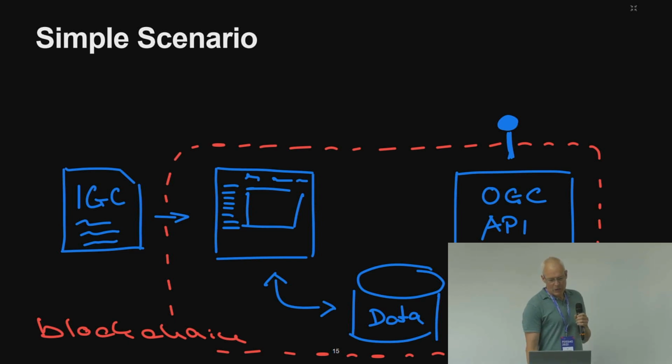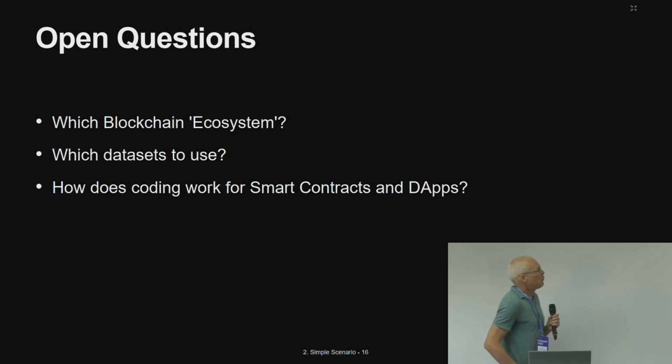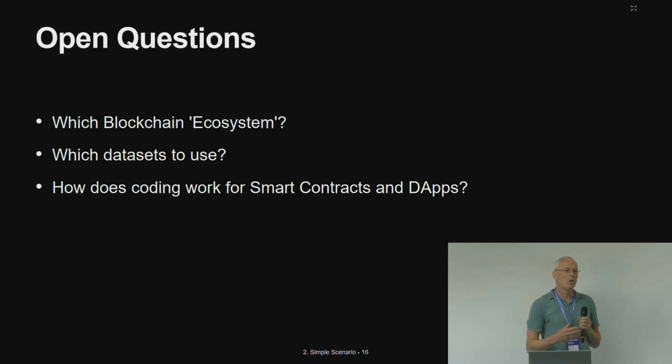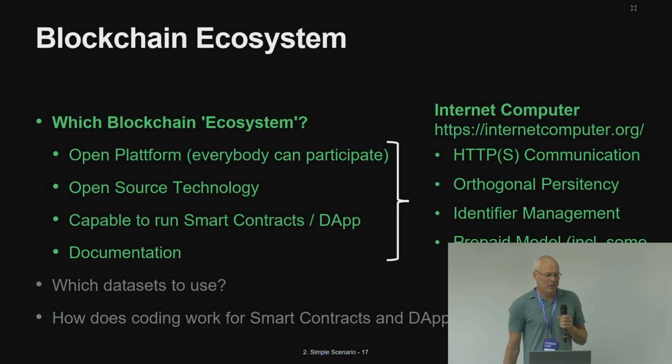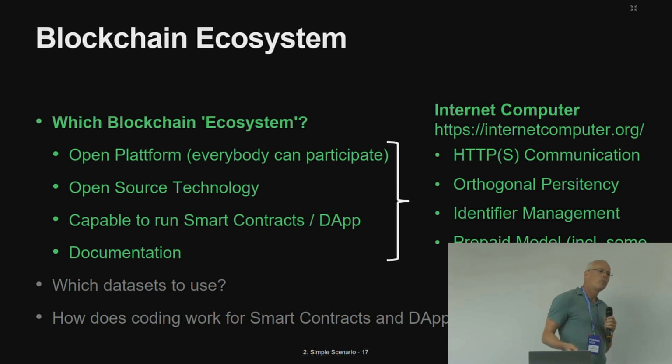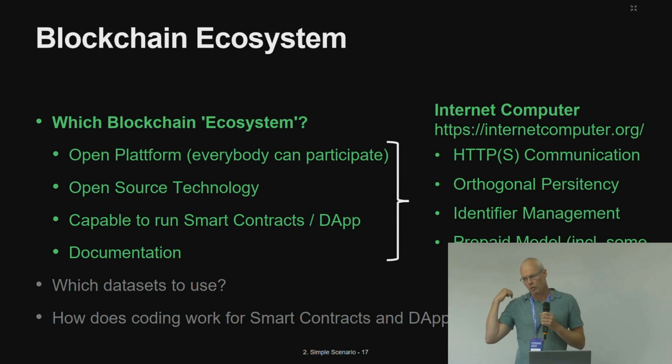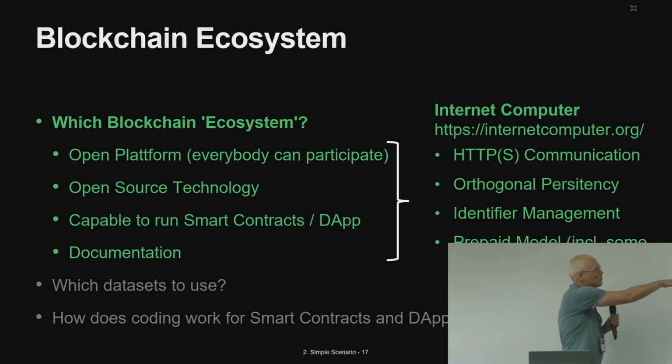Okay, so before coding, I have to answer some questions. First, which blockchain ecosystem to use, what data sets to use, and how does this coding in fact work. And yes, I looked at a few blockchain ecosystems. There are quite a few of those. They shall be open from my perspective, using open source, and of course be more or less documented.